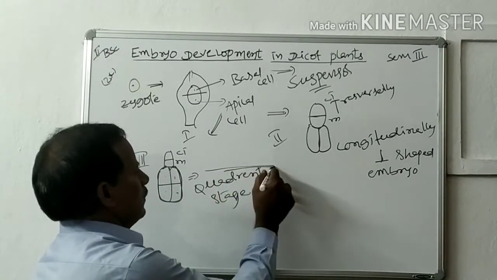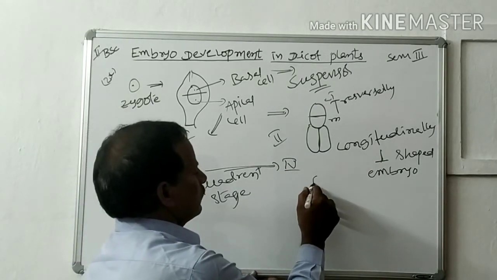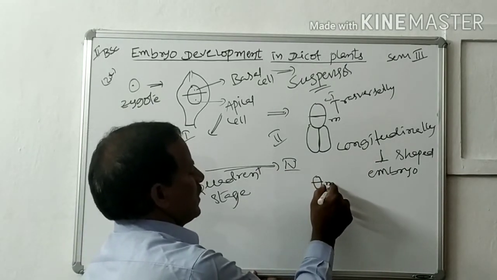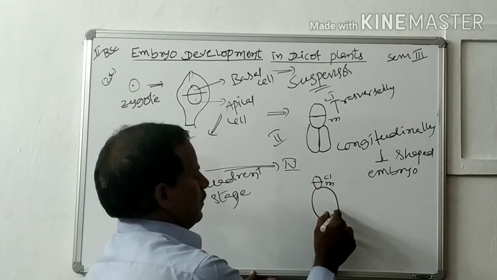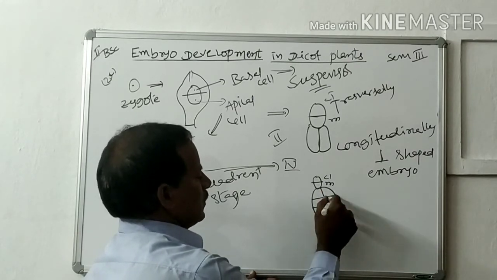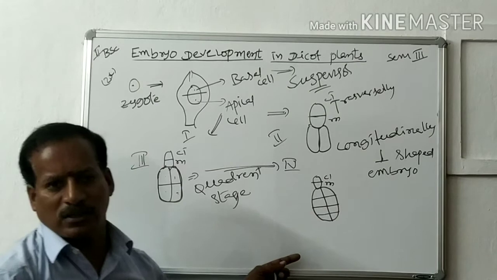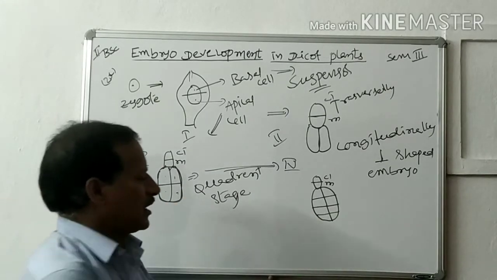Next, the fourth stage is: these are the four cells. The four cells again divide mitotically and give rise to 8 cells.